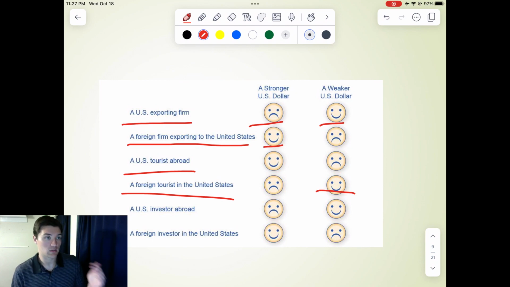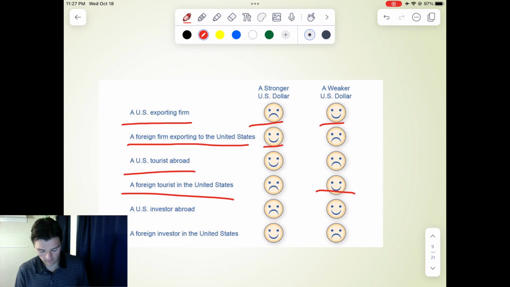Because if I have a weaker dollar, I have a stronger foreign currency. So if I was in Mexico visiting the U.S., and I was trying to figure out, okay, when should I go to the U.S.? I should go when the peso is stronger, so I could have more buying power in the U.S.